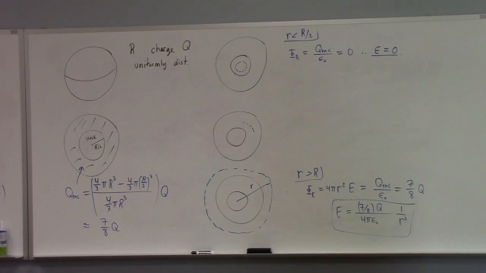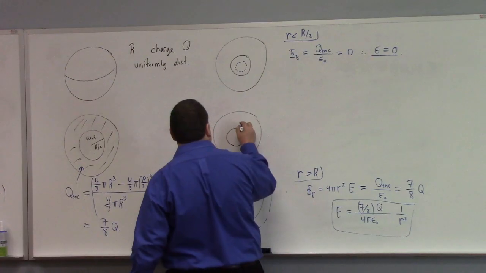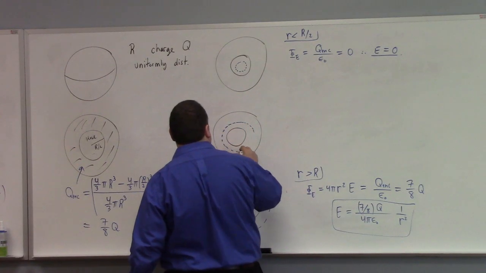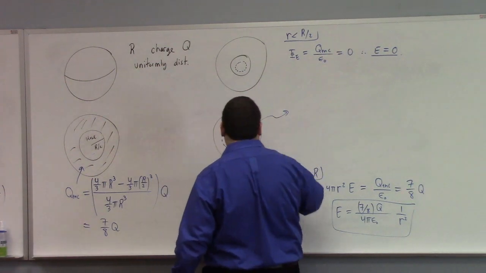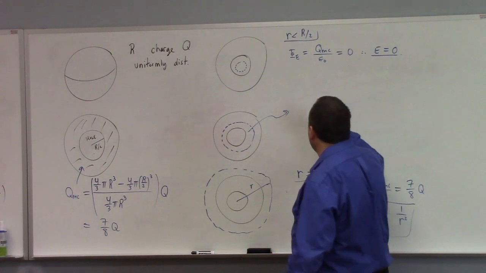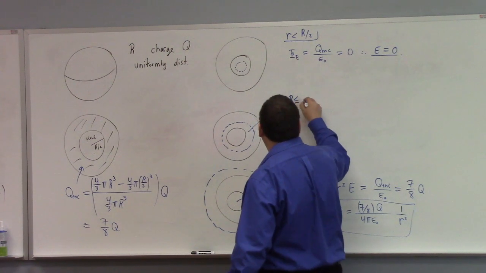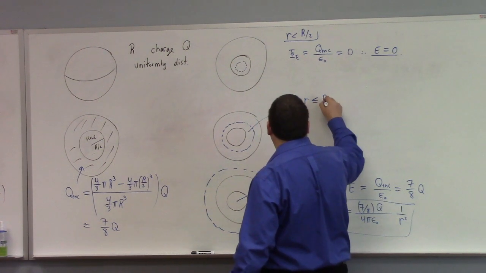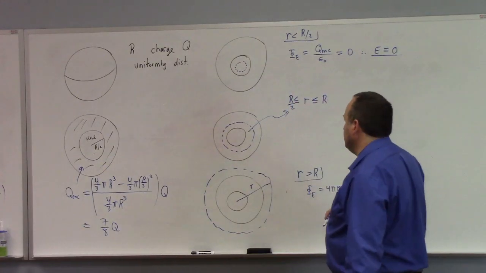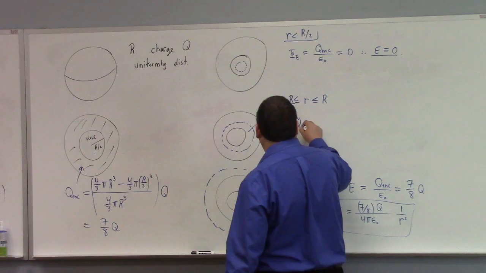And the middle case, well, I don't know if it's more interesting or not, but how about this one? What would you do here? You need to figure out what the charge enclosed is again, right? If we've got R over 2 less than or equal to r, less than or equal to R, in that case the charge enclosed is what?